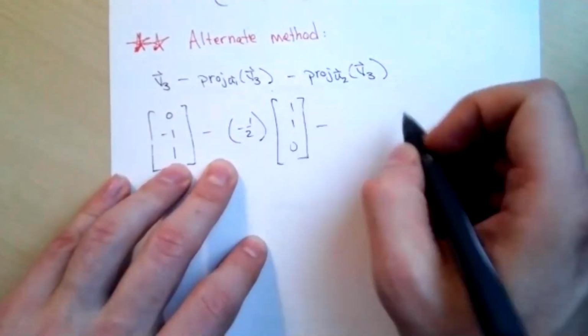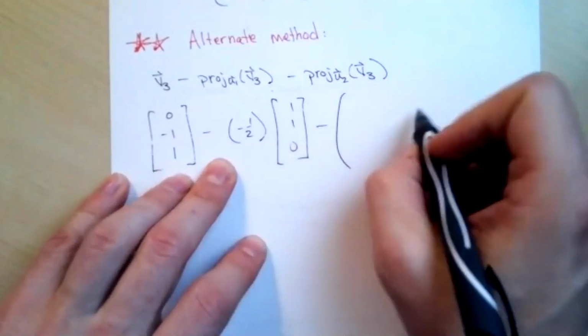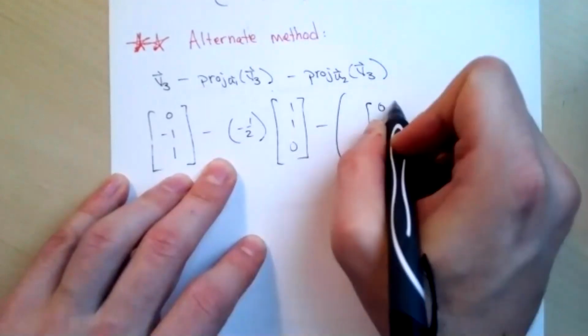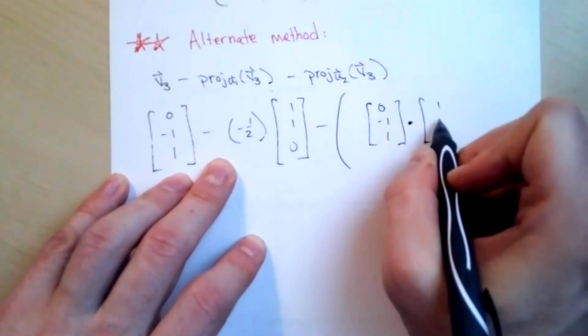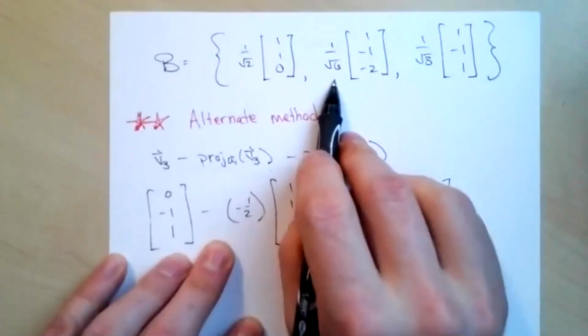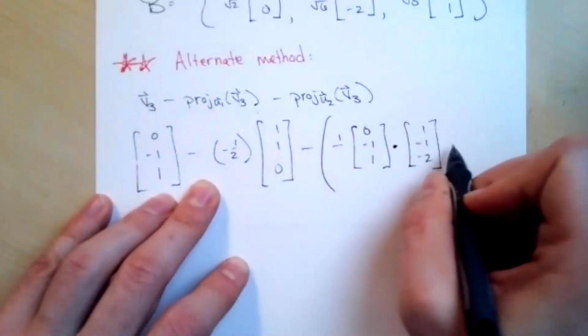So let's go ahead and compute it. Make sure we keep our parentheses here. We want to do 0, -1, 1, dot product with our u2, 1, -1, -2. And so here was our u2. We had already found it, and our u2 had a factor of 1 over square root of 6.